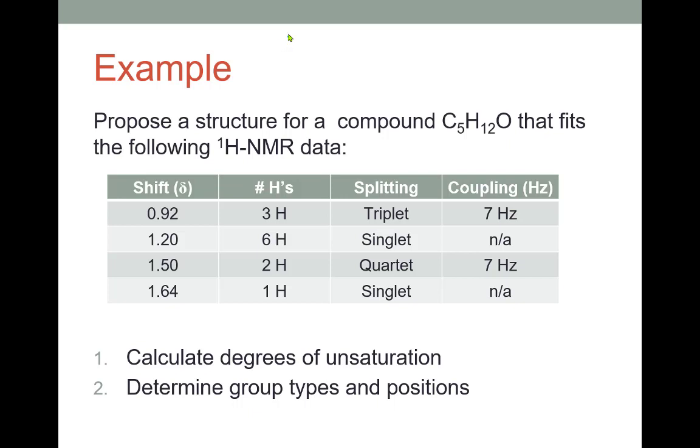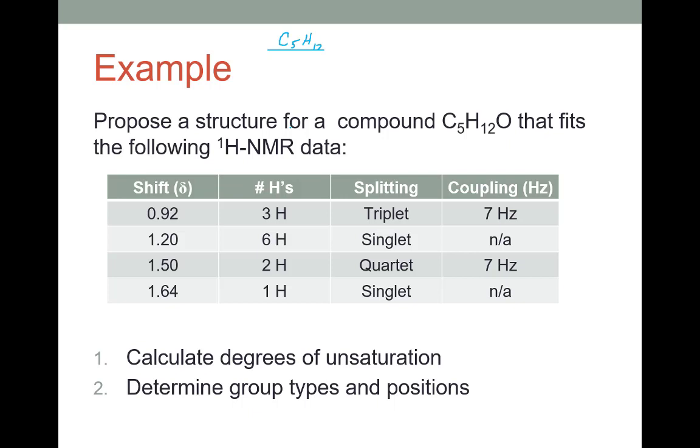Remember that a fully saturated molecule would have the formula here of CnH2n plus 2. So if we were talking about being fully saturated for a 5-carbon molecule, we would expect 2n plus 2 is 12.